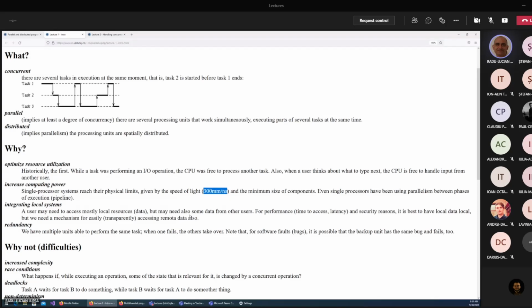And here again, the beginning is quite old. At least the Intel 8080, which in its time was a very well-known and much used microprocessor at the end of the 1970s, beginning of the 1980s, already had some overlapping between the instructions. So the next instruction was loading during the current instruction.